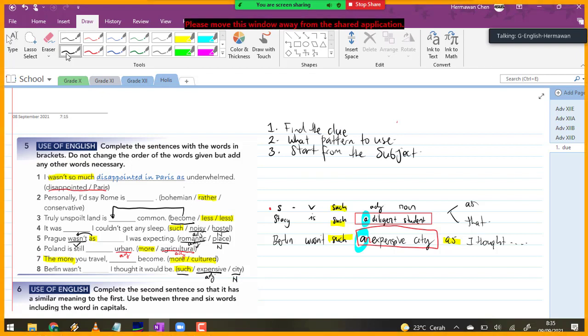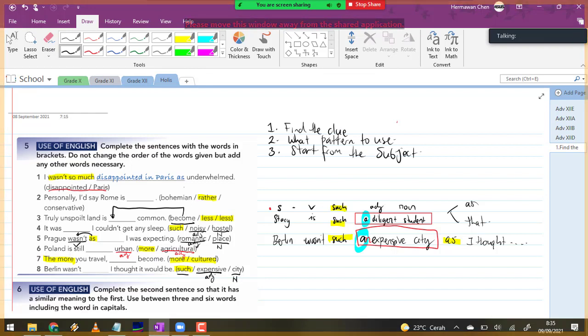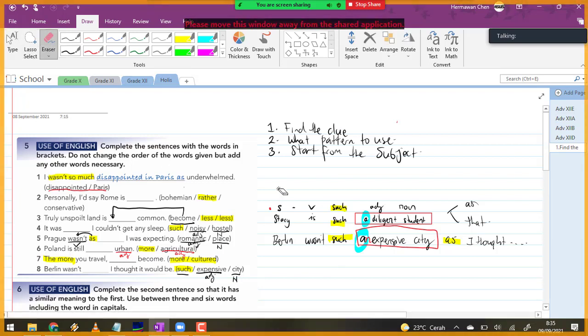E, expensive. We have to use an. Be careful with it, guys. Berlin wasn't such an expensive city as I thought it would be. That's it. That is number 8. Any question? None? Okay.